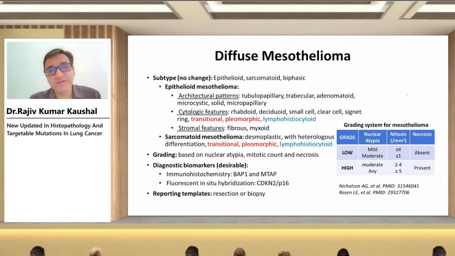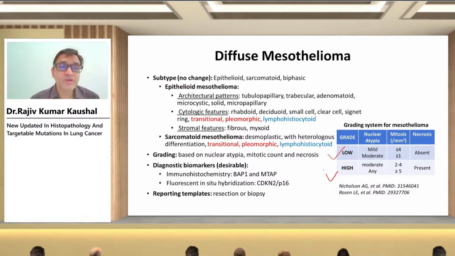In a similar way as we do for lung adenocarcinoma, we have to mention the various histological patterns. Cytologically, there are some mesotheliomas which are high grade. So it is essential now to grade the mesothelioma into low and high grade subgroups, because they have different clinical outcomes.